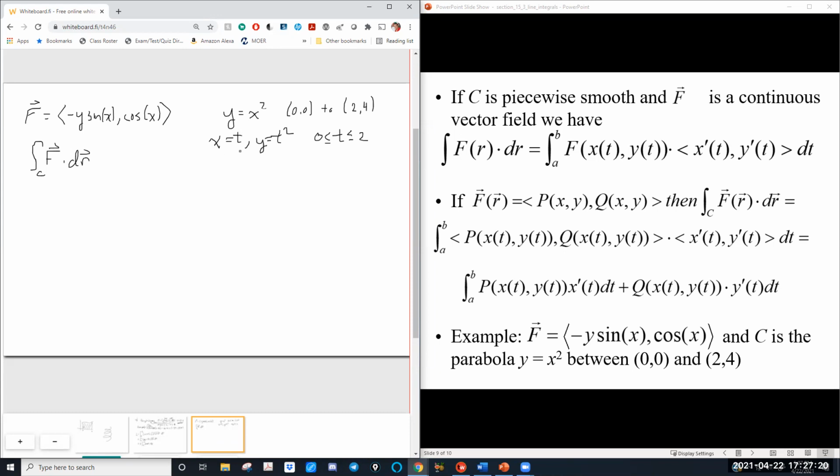Why not just leave x how it is and not do that? What do you mean leave x how it is? Like we make a substitution for t, but what's the point of making a substitution for t? Oh, you mean leave it in terms of x? Yeah. We'd run into issues here because we're going to have to plug in our parameterization for these x's and y's.